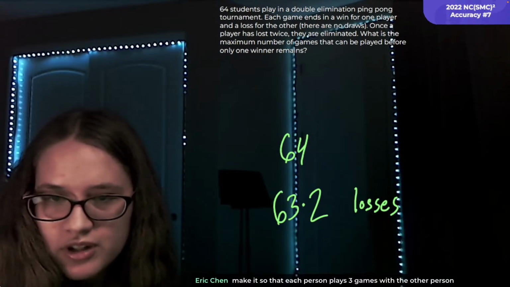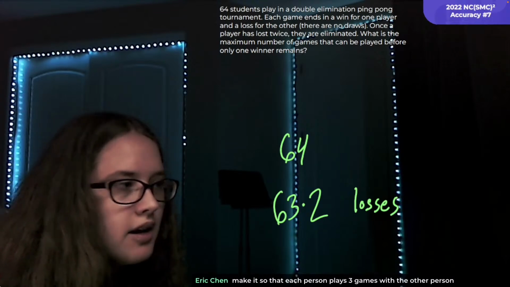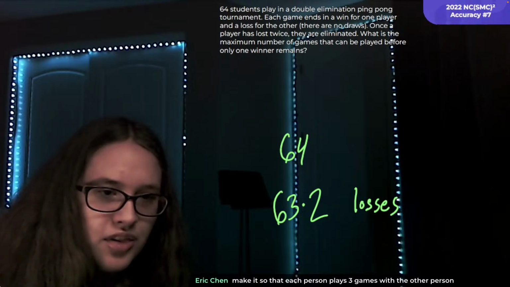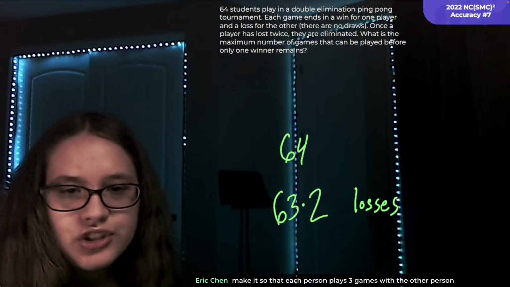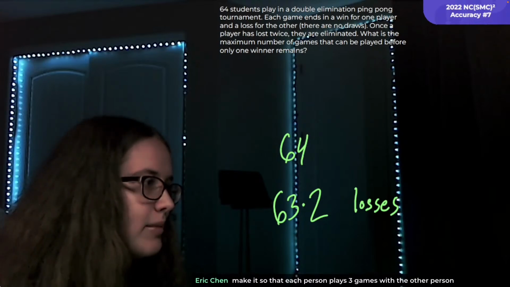Make it so that each person plays 3 games with the other person. That's a good idea, but I think the issue we'll run into there is that if you get 2 losses right at the start, then you would have someone eliminated.